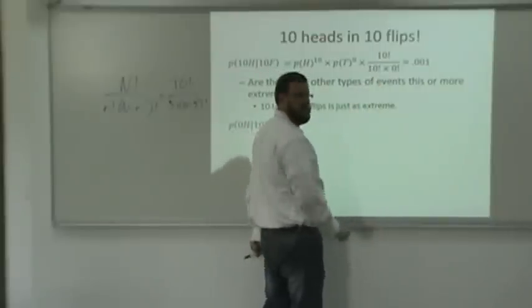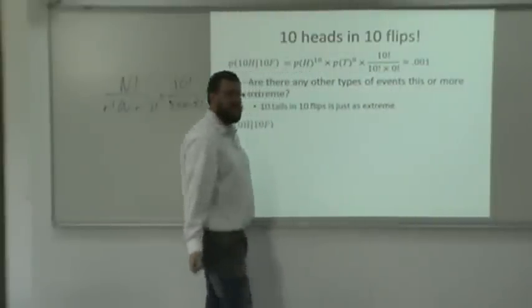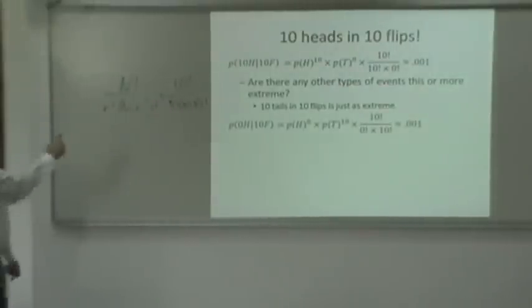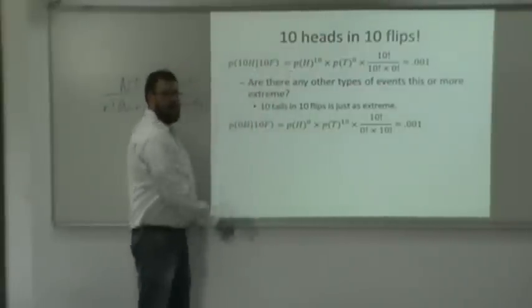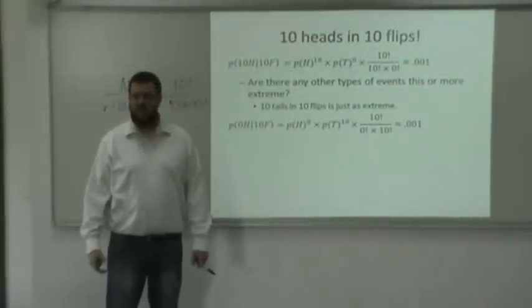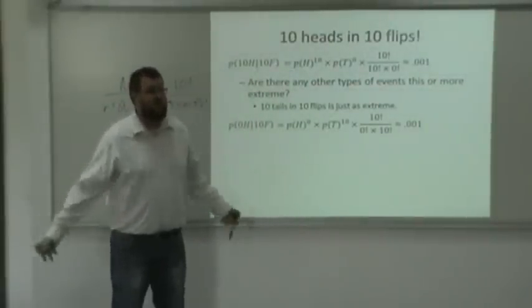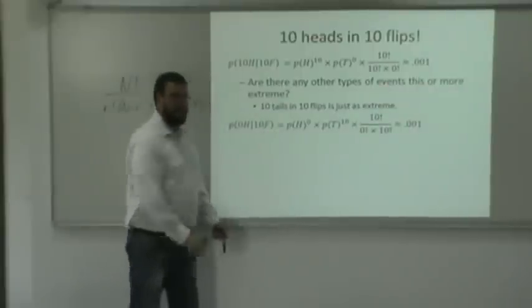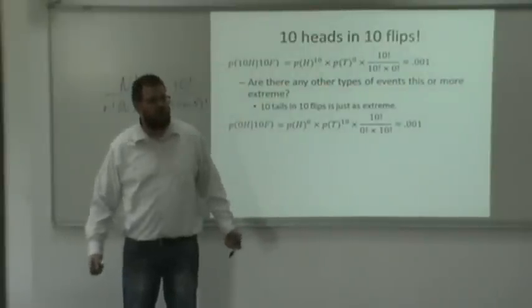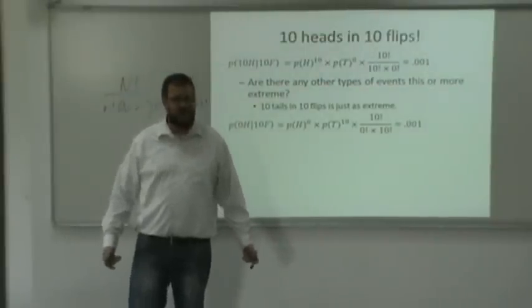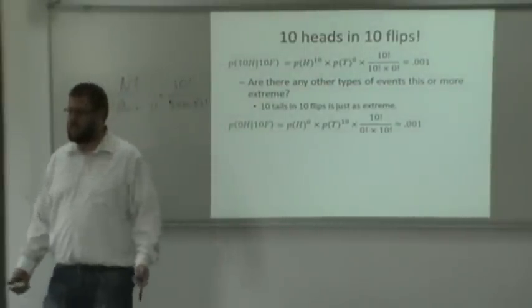We'll have a 0 here instead of the 10, and a 10 there instead of the 0. Boom! It's the same answer. So now we have the probability of events like the one that we saw, and the probability of events as extreme as that, and the probability of events more extreme than that, right? So what's more extreme than 10 heads in 10 flips?